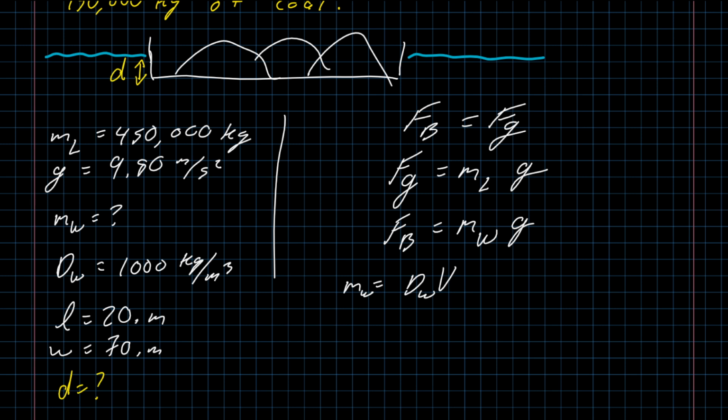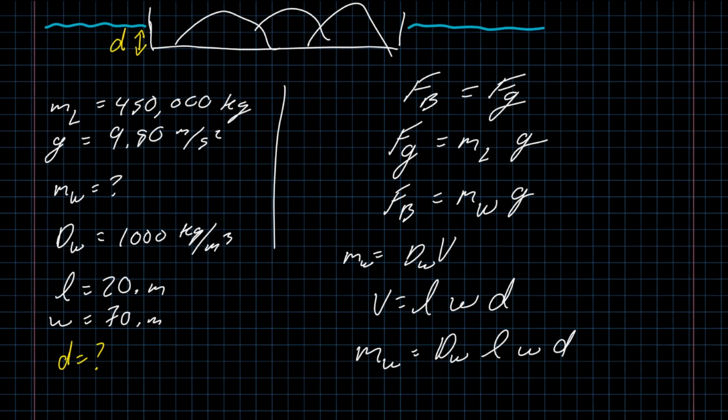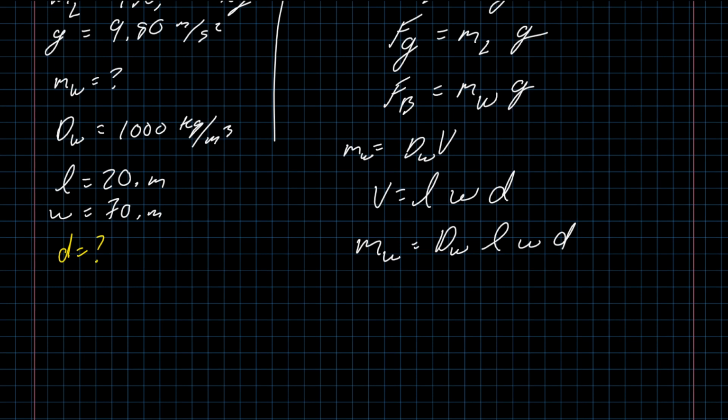And that's interesting to know because the volume of displaced water is going to be equal to the length times the width times that displacement, which means that the mass of the water is going to be density of water times length times width times displacement, which means that the buoyancy force is going to be density of water times length times width times displacement times gravitational acceleration.